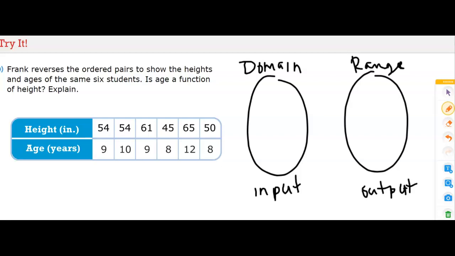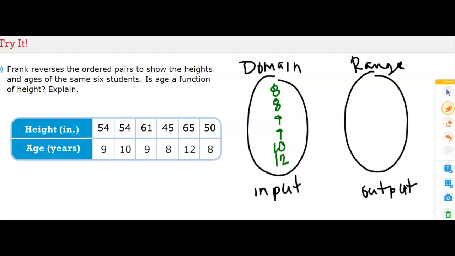We're going to use the age, 9, 10. Oh, I got to go in order, least to greatest. I like to do that. We have 8, 8, 9, 9, 10, and 12.